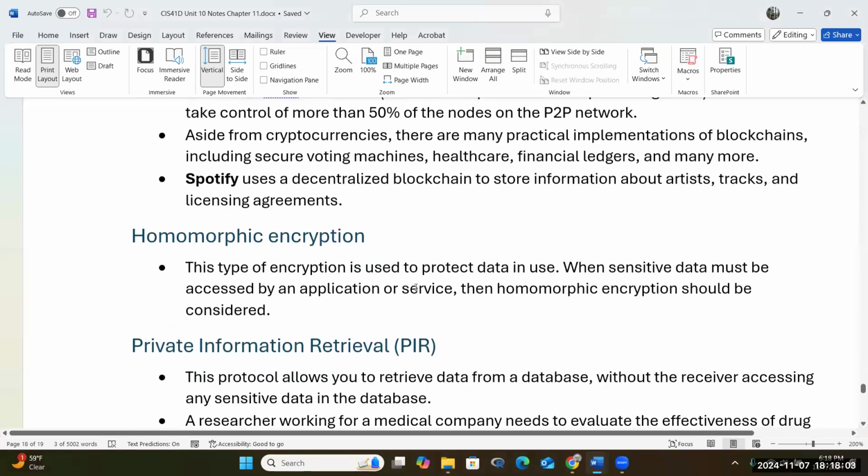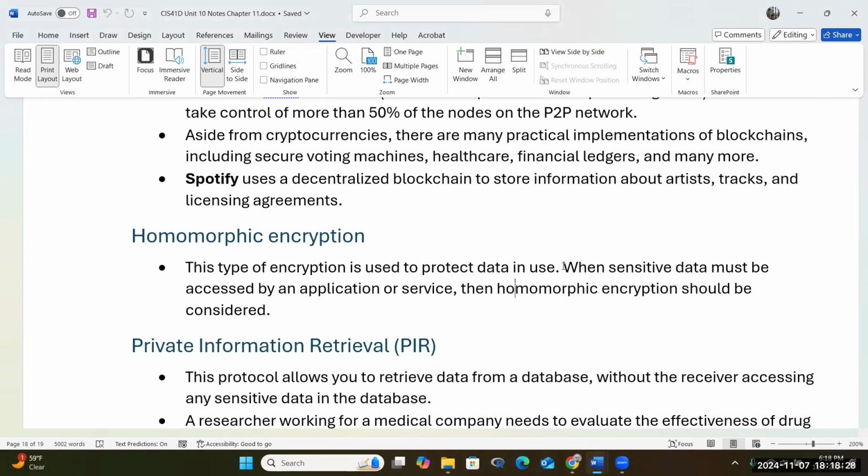And then for homomorphic encryption, this is on page 18. This is used to protect the data that is in use. That means that I decrypt a file and I modify that file. Let's say that it is an engineering file for a product that my company is creating.